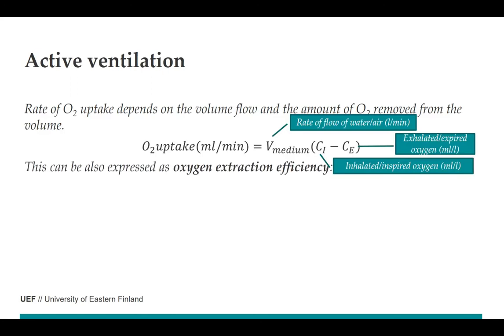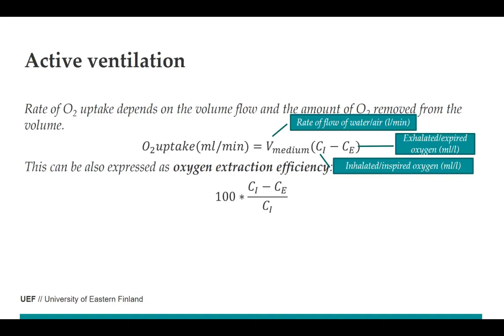Or this can be expressed as oxygen extraction efficiency, by putting it in a different way. Just measuring the difference between how much oxygen you have taken into your body, absorbed into the circulation, versus how much oxygen was there in the surroundings.